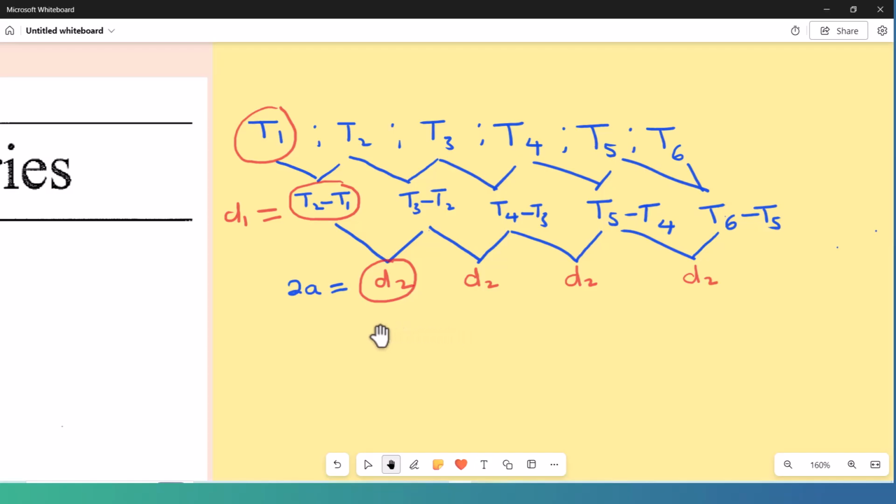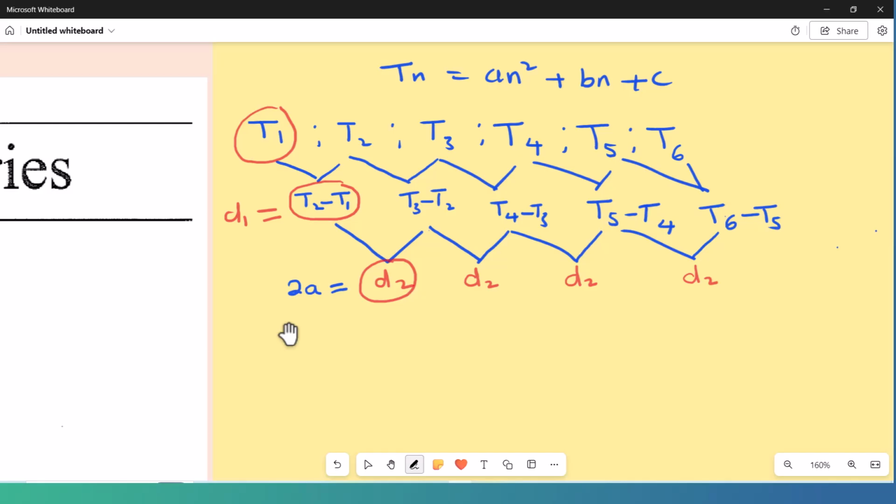From our information on the first page, for any given quadratic number pattern given by Tn equals an squared plus bn plus c as our general formula, if you want to get your values of a, b, and c, this is what we do.